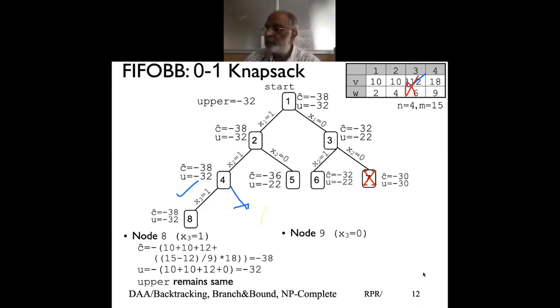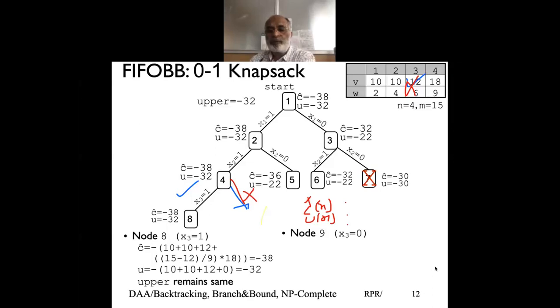node 9, when I exclude the third item, which is this side, what would be my C hat x and U x for node 9? Anyone?